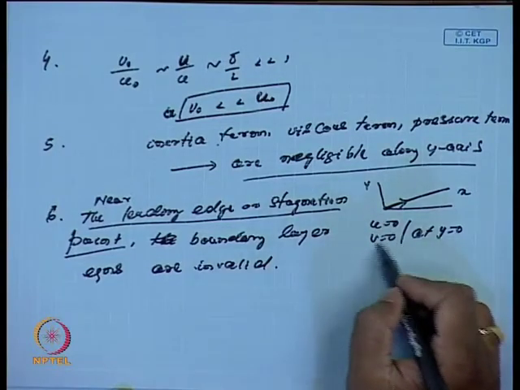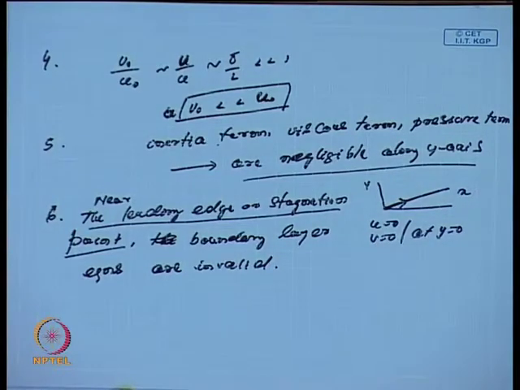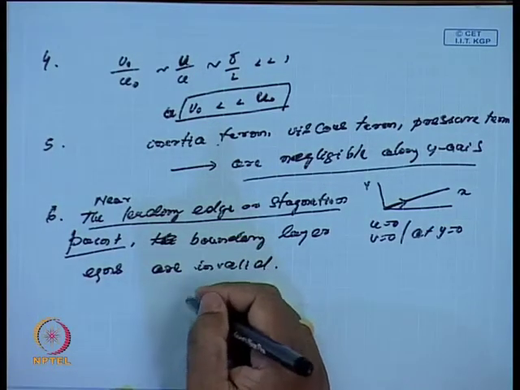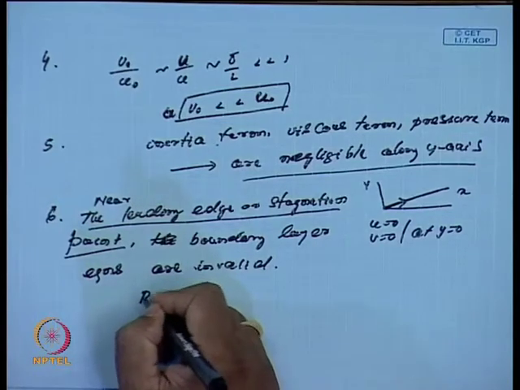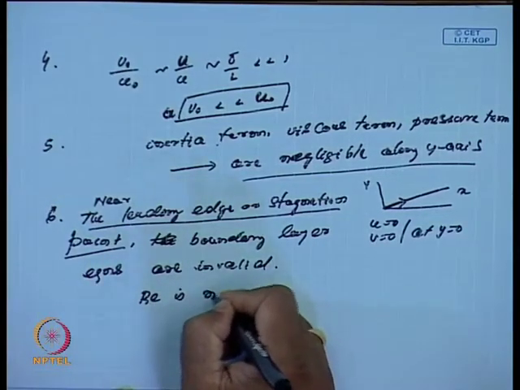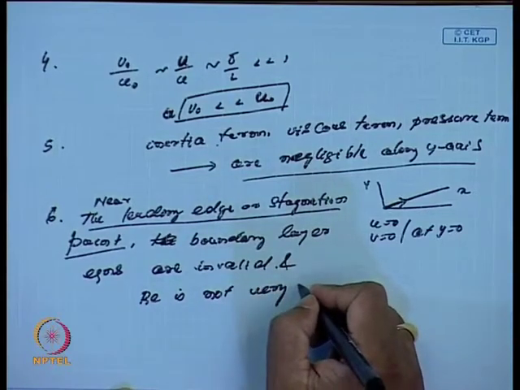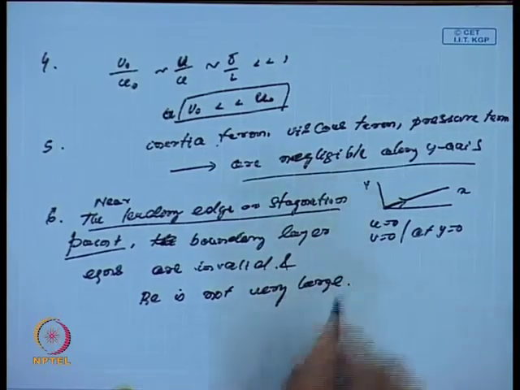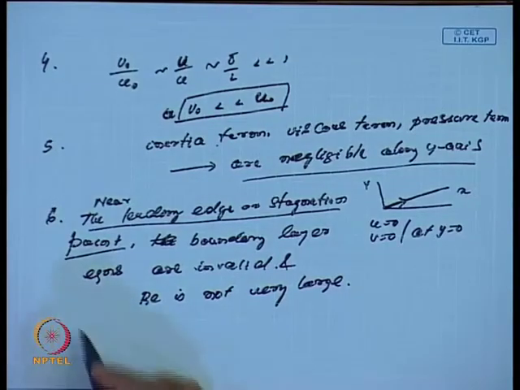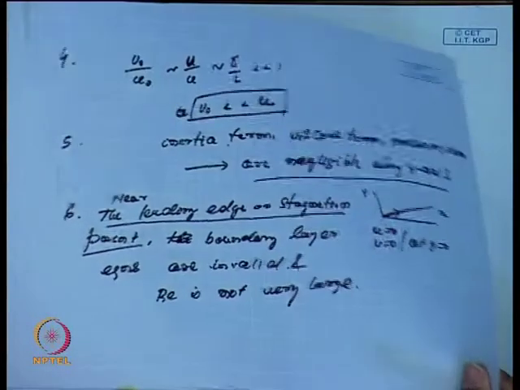Here the flow u is 0, v is 0, as we initially described. So near the leading edge or the stagnation point, the boundary layer equations are invalid. In this situation the Reynolds number is not very large. This is another point. So, these are some of the observations on the boundary layer equation.